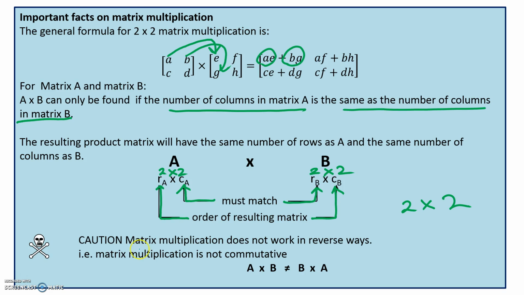Caution, matrix multiplication does not work in reverse. Okay, so this is the rule that we must remember. A times B does not necessarily work as B times A. For example, obviously here they're 2x2 and 2x2. It will work because they're exactly the same rows and columns.